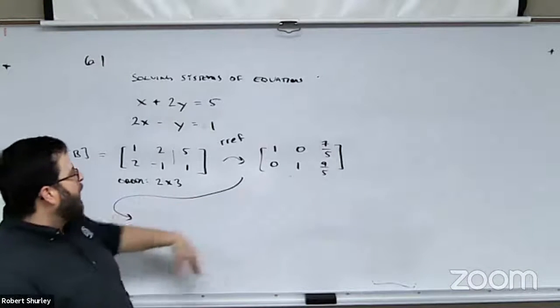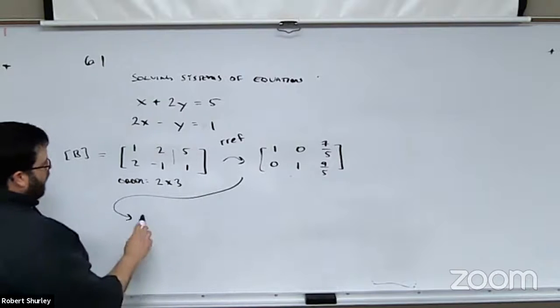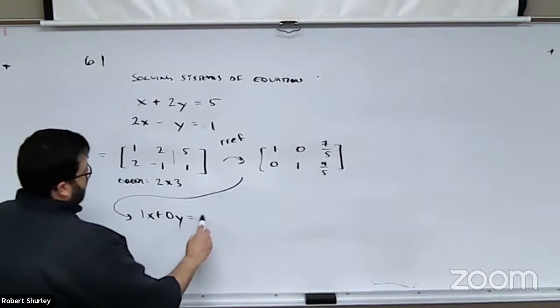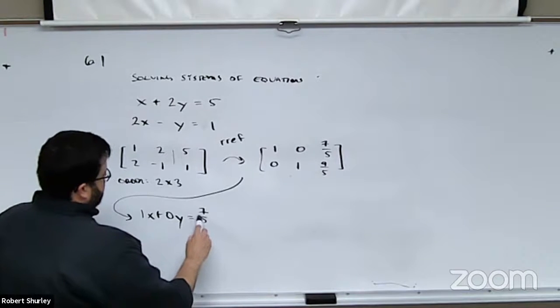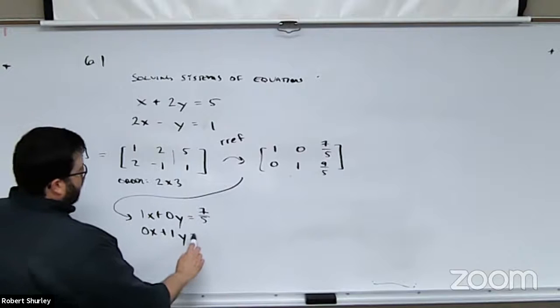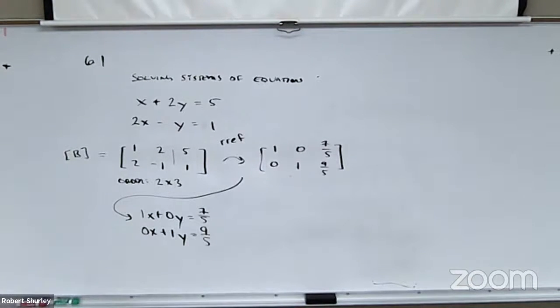So you can put this back into the equation form, which would be 1x plus 0y equals 7/5, and 0x plus 1y equals 9/5. So this is back really in its original form.